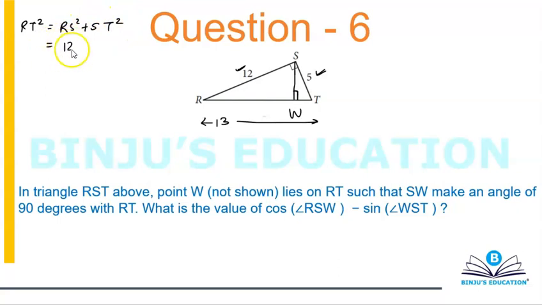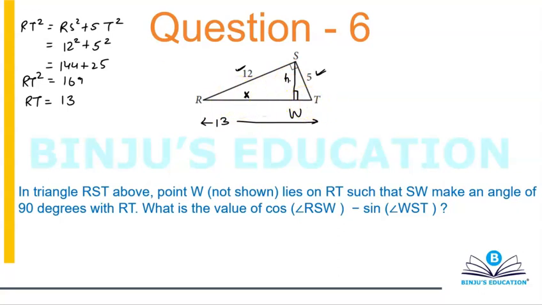This is 12 square plus 5 square, so 144 plus 25, which is equal to 169. You can simply say that RT will be equal to 13, because RT square is 169.